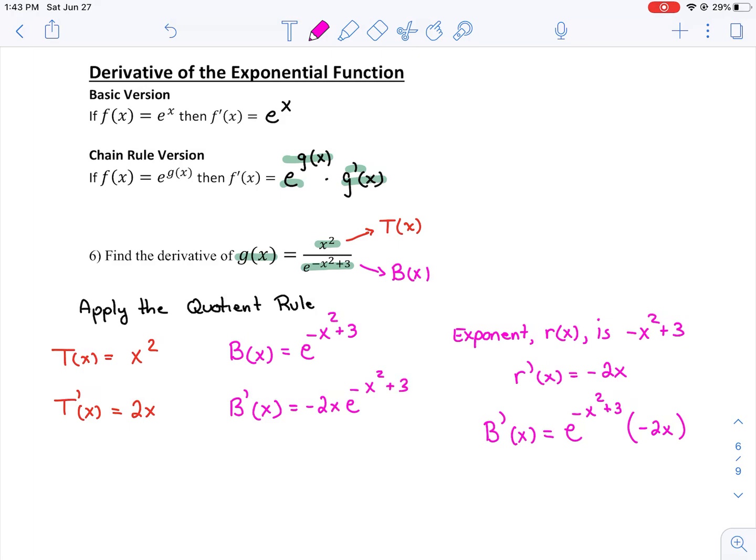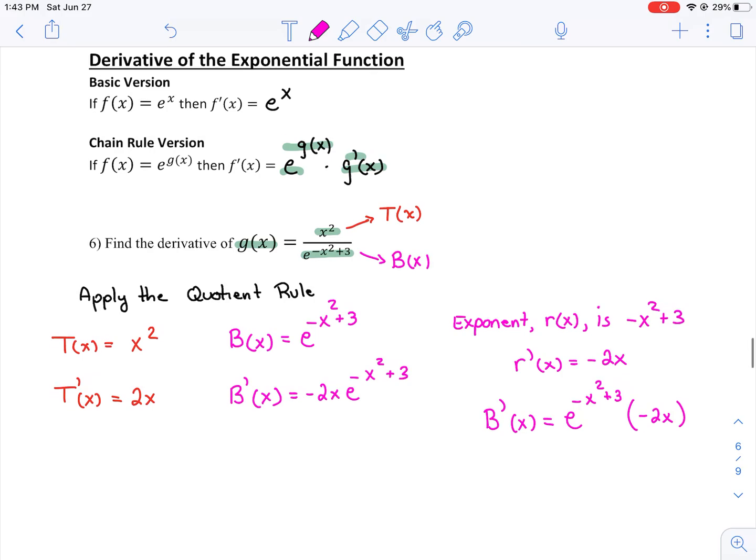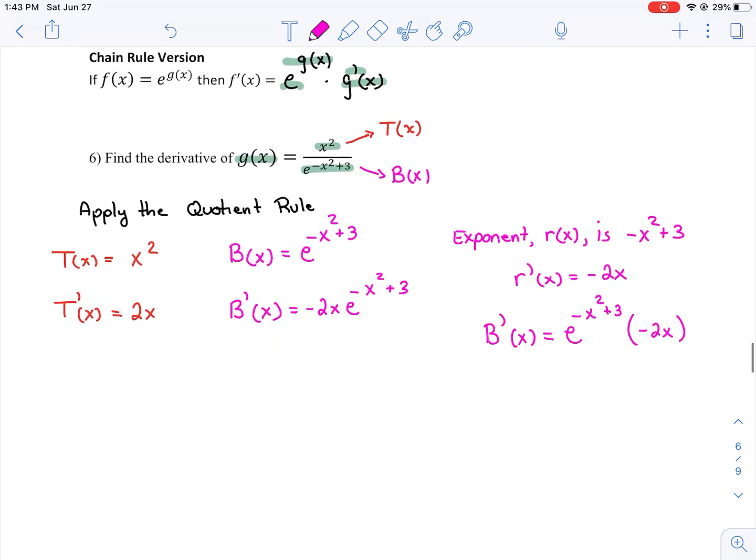And now we are ready to put together the derivative of g of x. So g prime of x is the following.